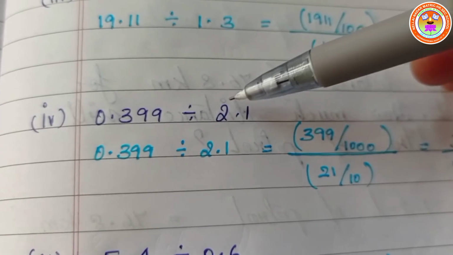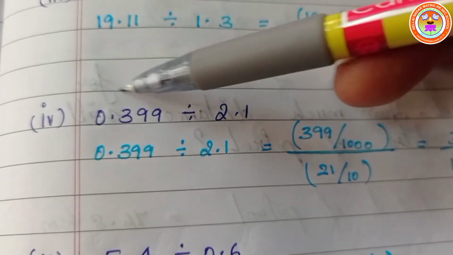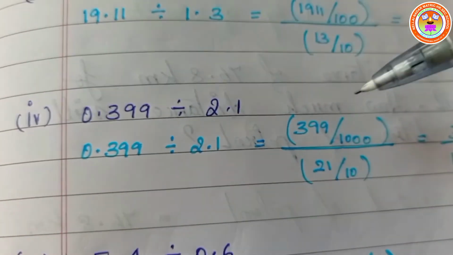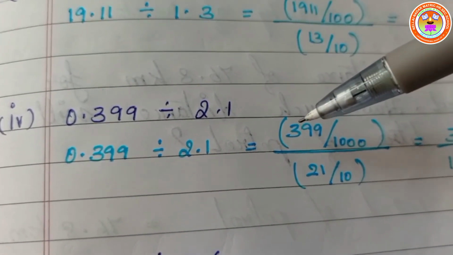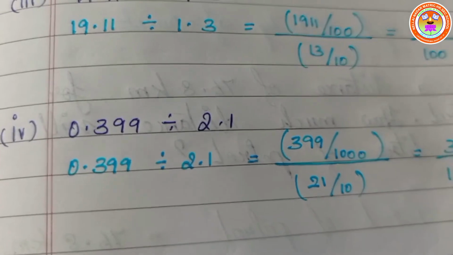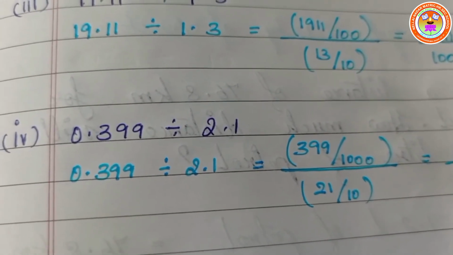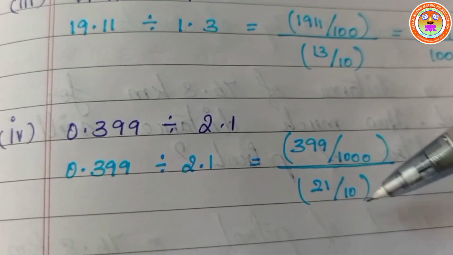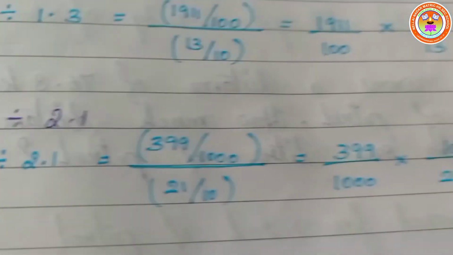0.399 divided by 2.1. So first we are going to convert this decimal number into a fraction. So we will write it as 399 by 1000. Similarly, 2.1 is written as 21 by 10.